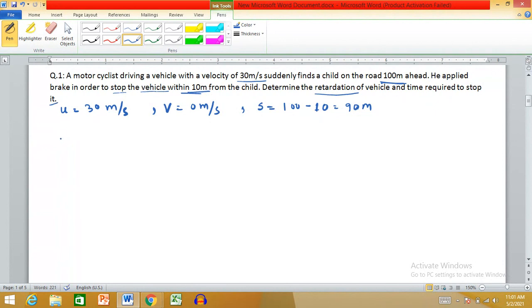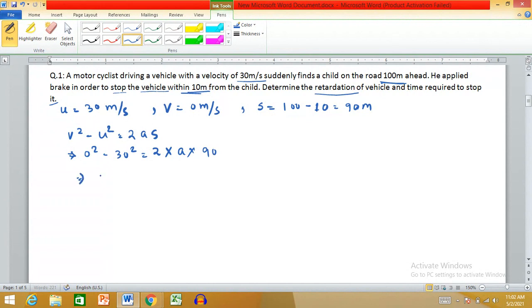So what is the retardation? Right now, let us answer using the third equation of motion. v square minus u square is equal to 2as. So you know v square is equal to 0. 0 square minus 30 square is equal to 2a, and we need to calculate a. S is 90.